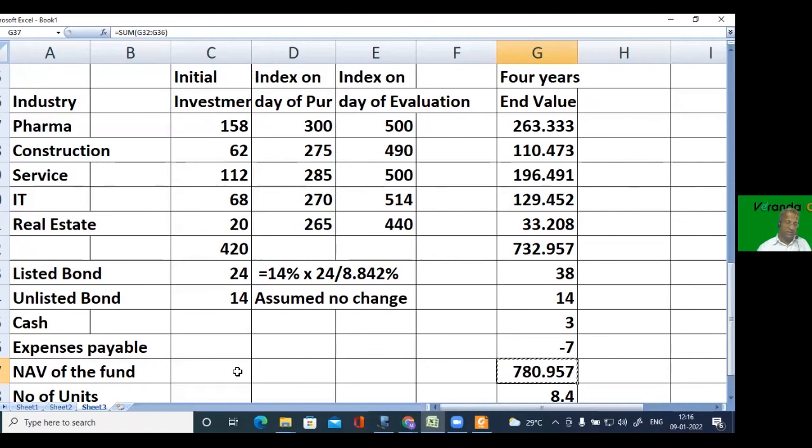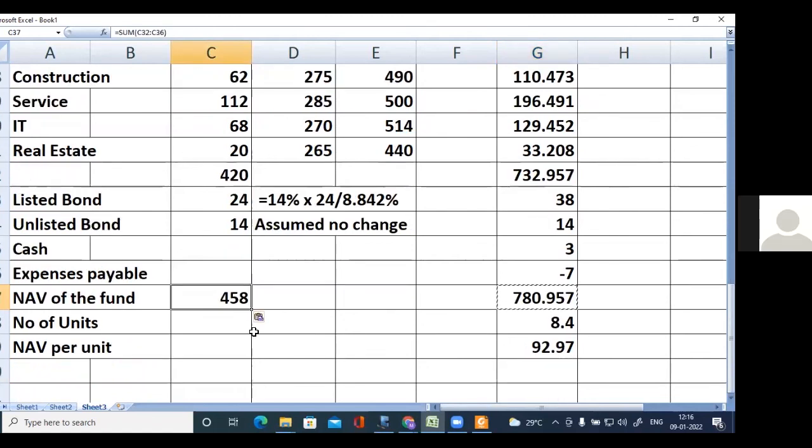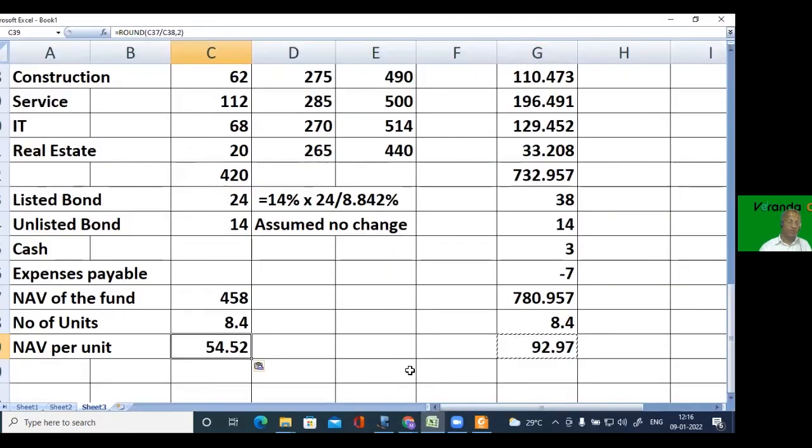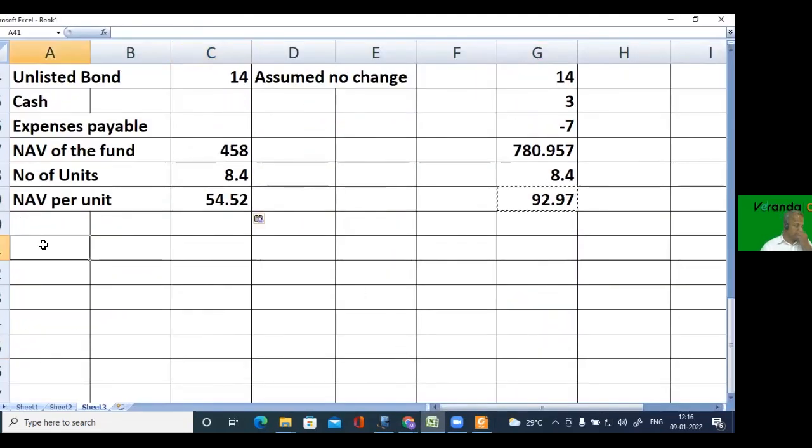Like this, I want to make a note here. 458, 8.4, and like this I get 54.52. So annualized.